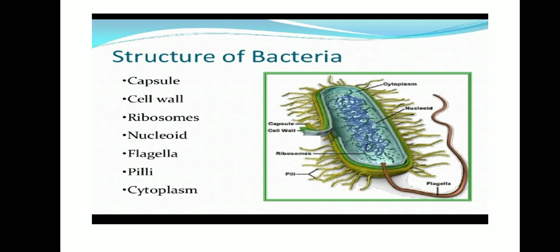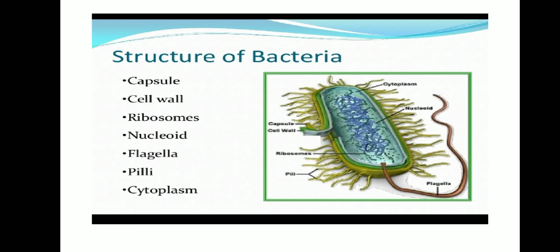Next, classification of bacteria. Bacteria are classified based on the shape and the number and arrangement of flagella. First, based on the shape, bacteria are classified into various types. Let's discuss that.